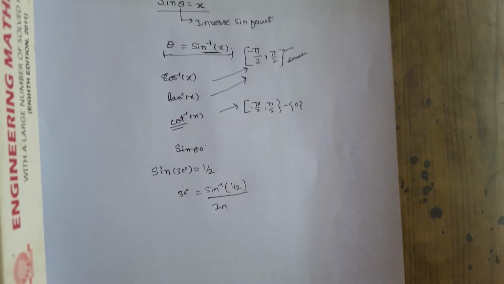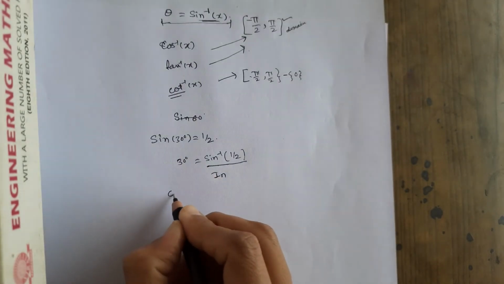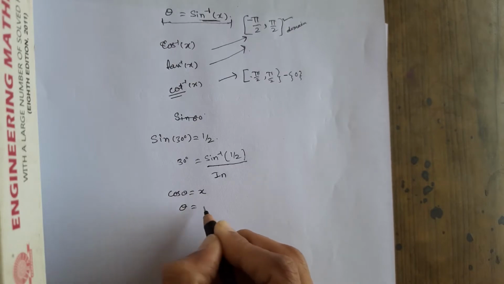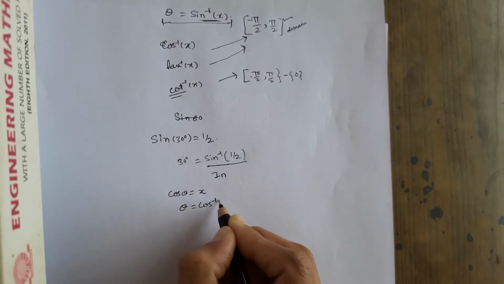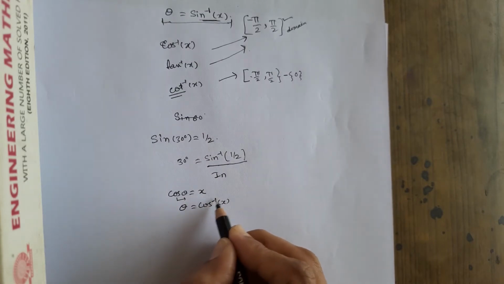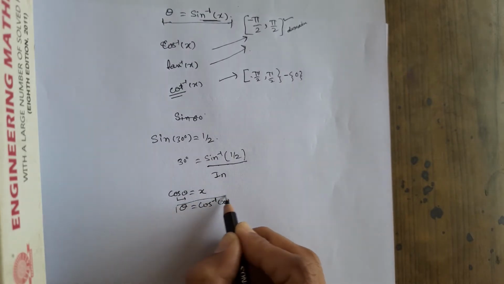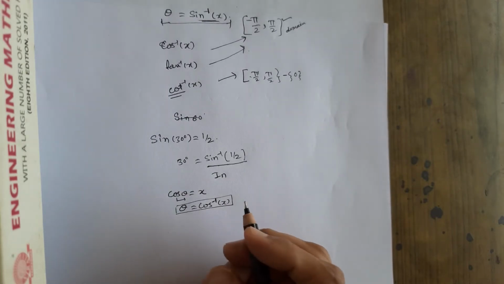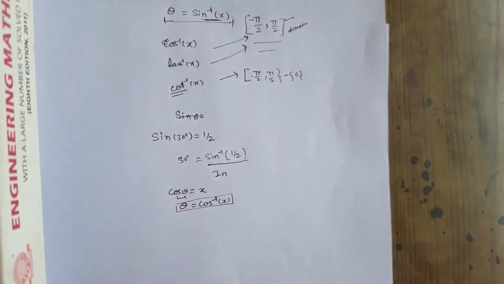In general, if cos theta equals x, then theta equals cos inverse of x. Just shift the cos to this side and write cos inverse of x. So this is the inverse cosine function.